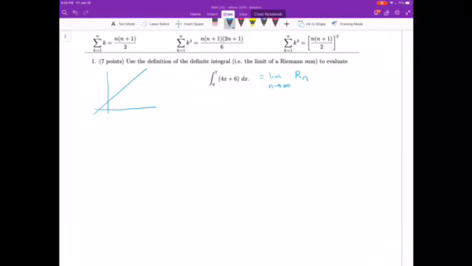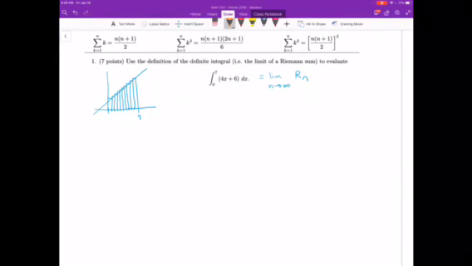So the picture I want to think of in this case is I'm taking my function 4x plus 6 and my interval from 0 to 7. I'm dividing my interval into pieces, and then on each of those subintervals I'm taking the output of my function times the width of the subinterval.